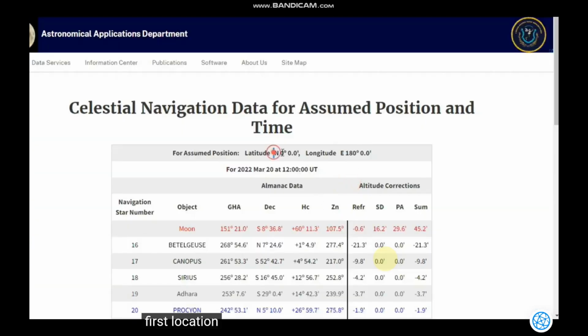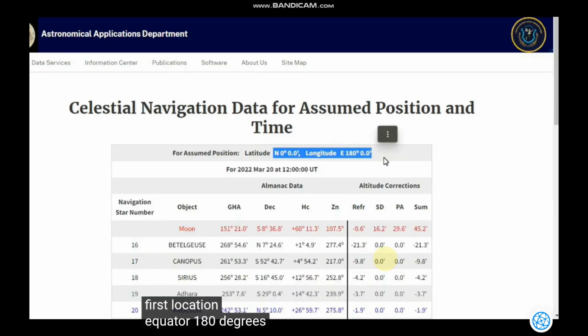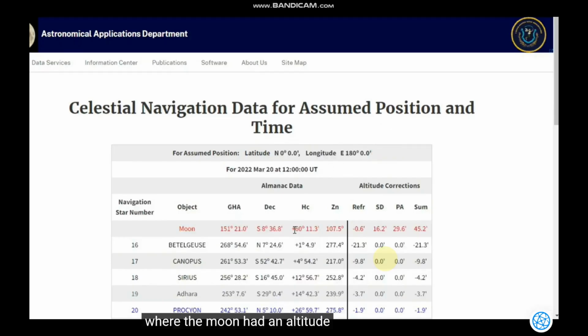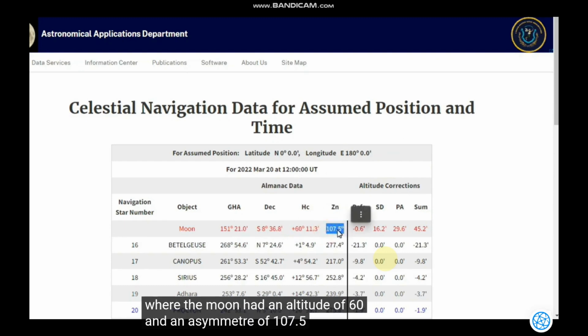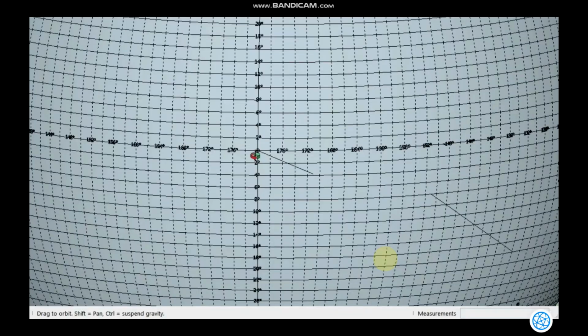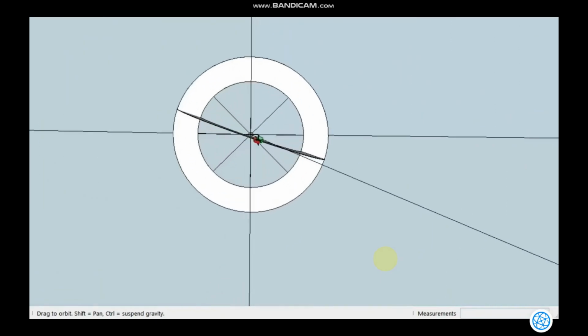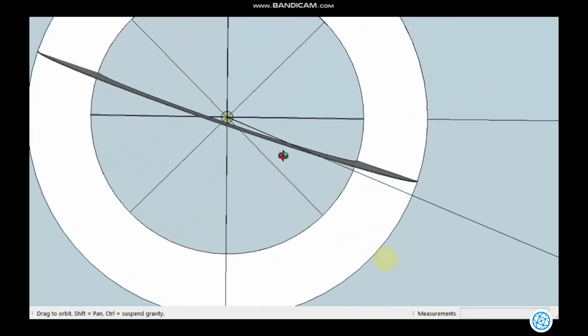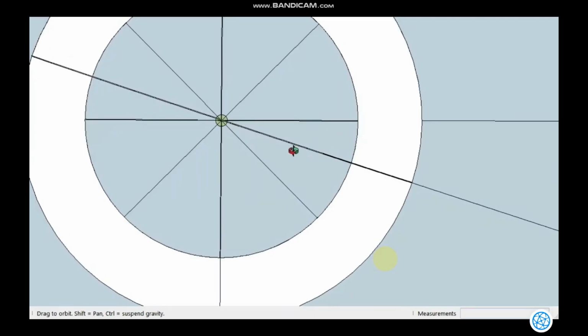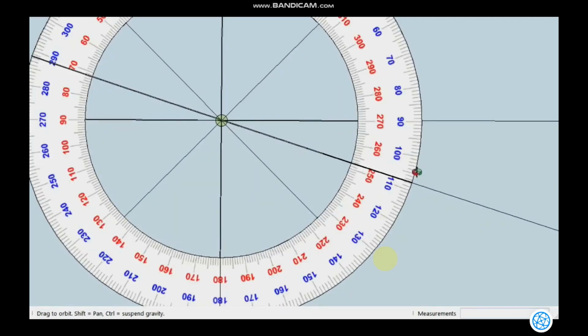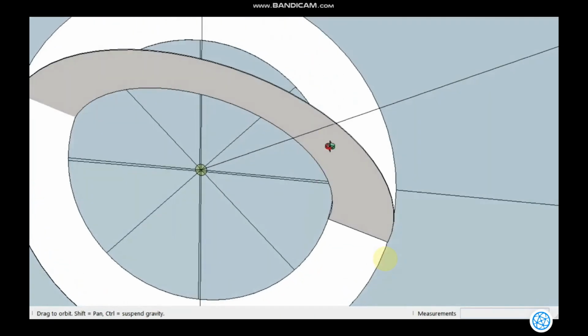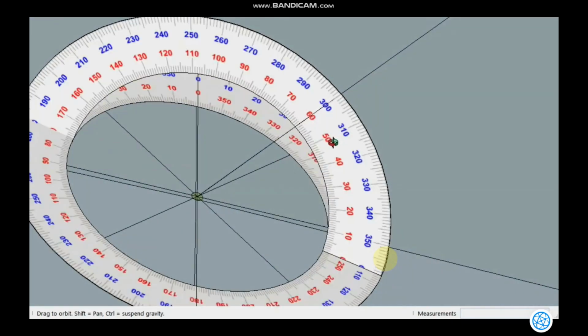First location, Equator, 180 degrees east, with the moon at an altitude of 60 and an azimuth of 107.5. Here we are. 107.5 and an altitude of 60.